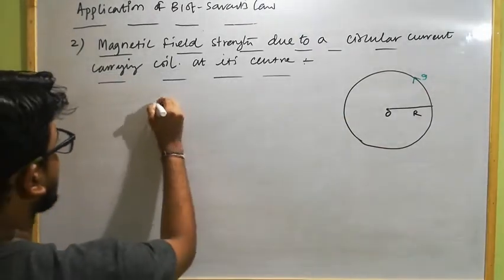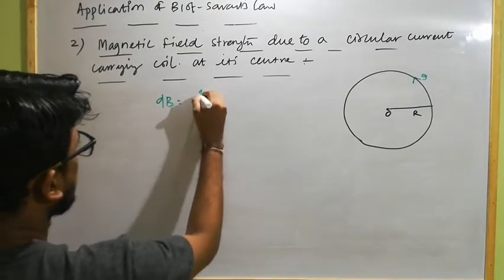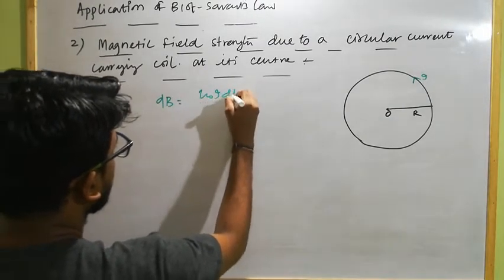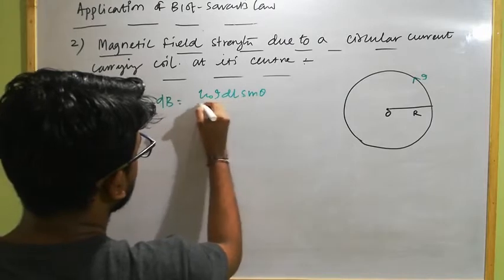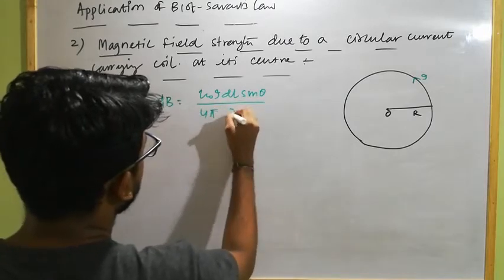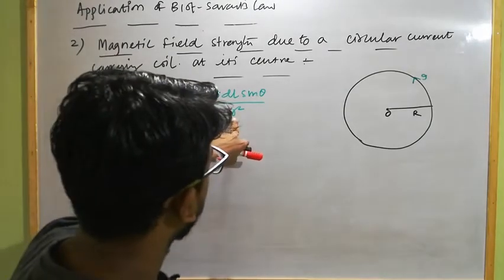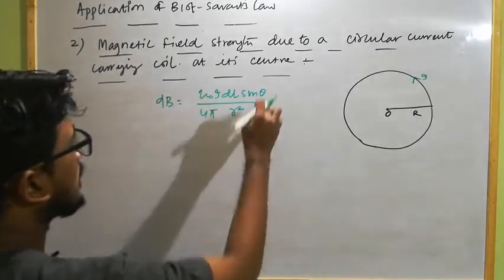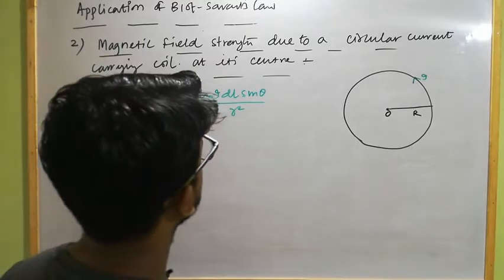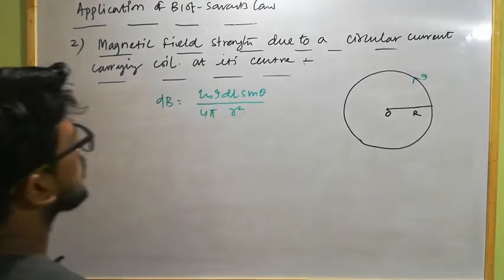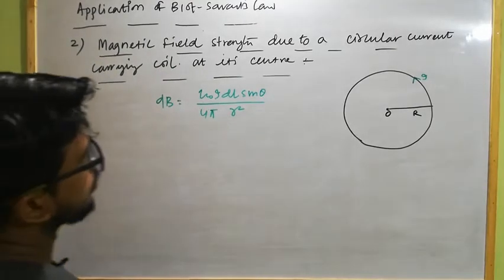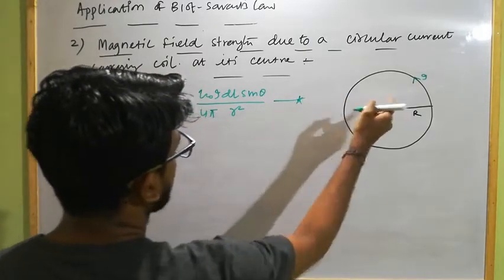According to Biot-Savart's law, dB equals mu naught I dl sin theta by 4 pi r square, where r is the distance between the point of observation and the current carrying element, and theta is the angle between the direction of the current element and the position vector of the point of observation with respect to the element.